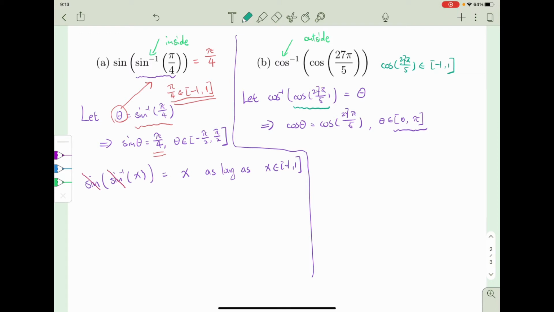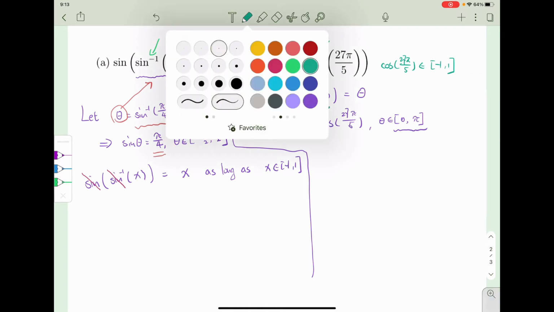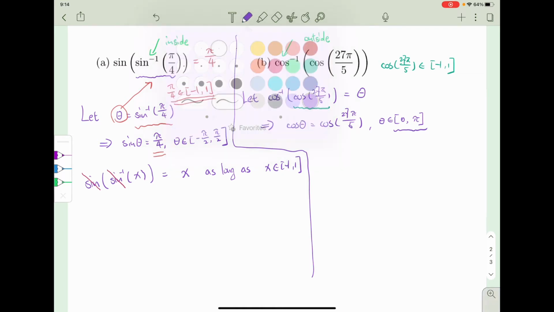We want to decompose this angle into the sum of an even multiple of pi, that is a multiple of 2 pi, plus a small angle, so that that angle is inside our interval from 0 to pi. And there are many ways of decomposing this. It's not unique. You need to try out your ways, right?